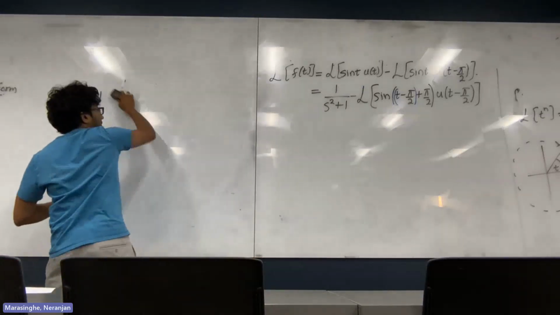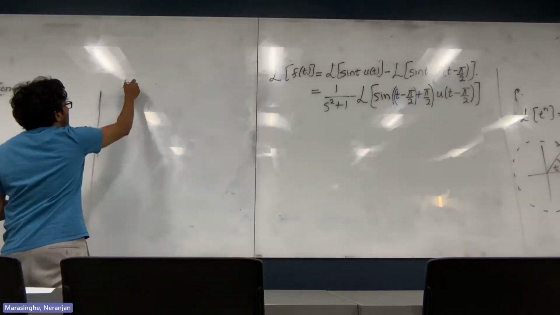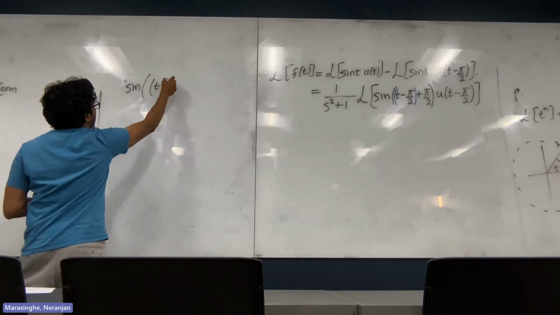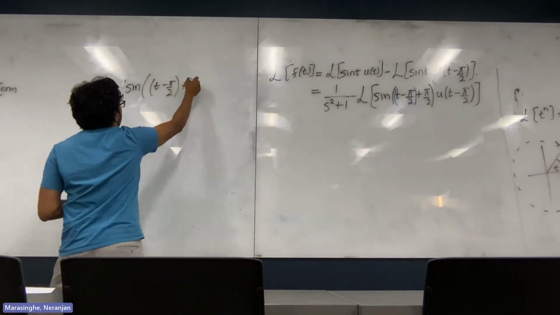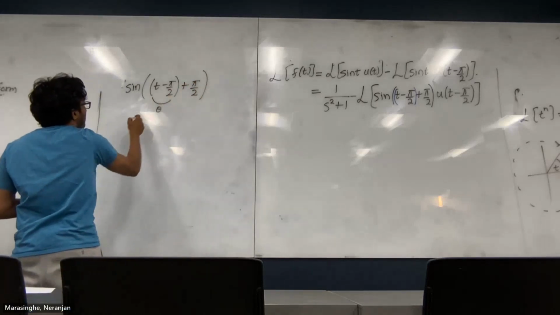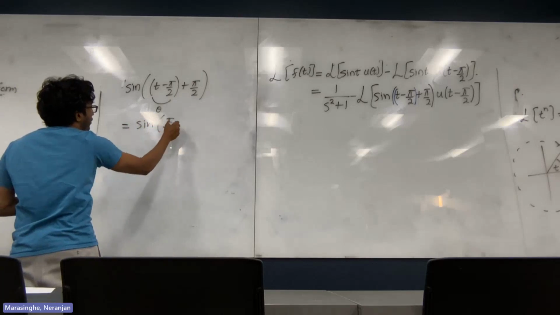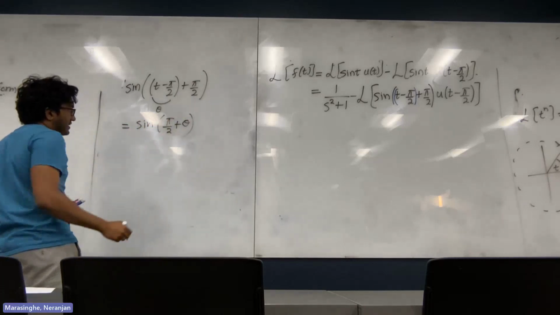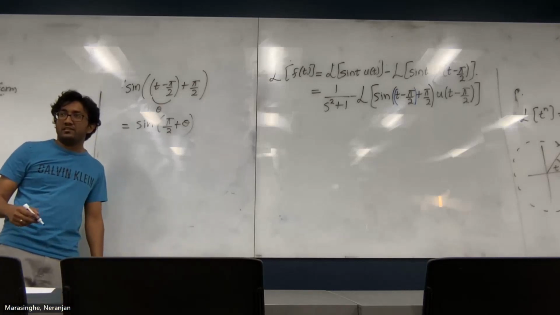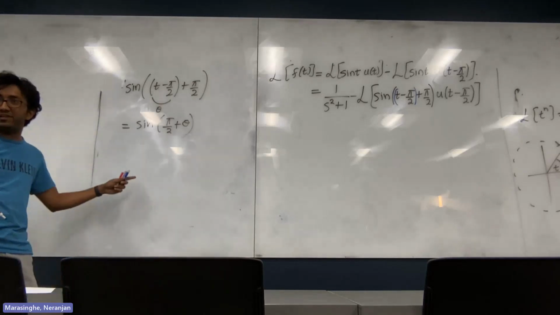Let's consider that portion. What is sin of t minus pi over 2 plus pi over 2? Consider this is theta, so I have sin of pi over 2 plus theta. What is the value of sin of pi over 2 plus theta? That is negative cosine theta from trigonometry, right?